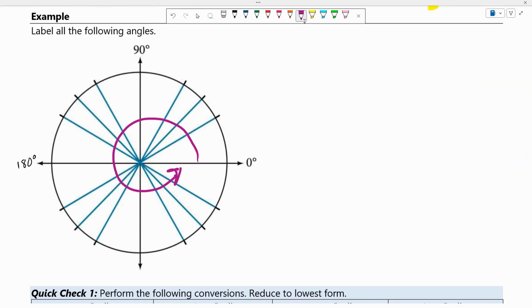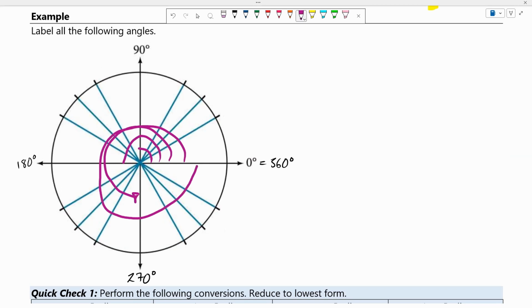Then 90, 180, this bottom one is 270 degrees, and if we go all the way back around, this is also equal to 360 degrees.